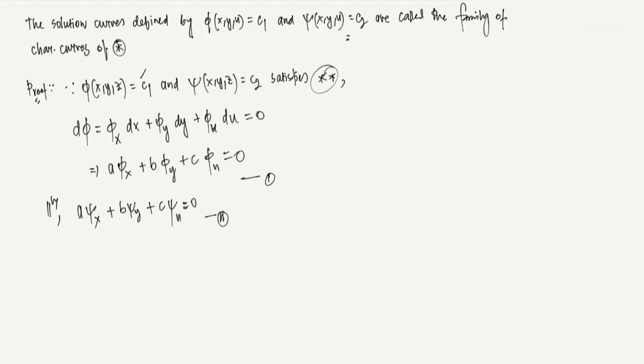Clear? And now if you solve for a, b, and c, what happens? Solving for a, b, and c, we obtain A by del phi u by del y u equals B by, this is just two equations, right?